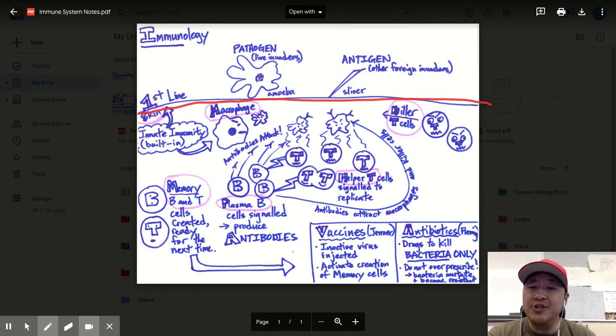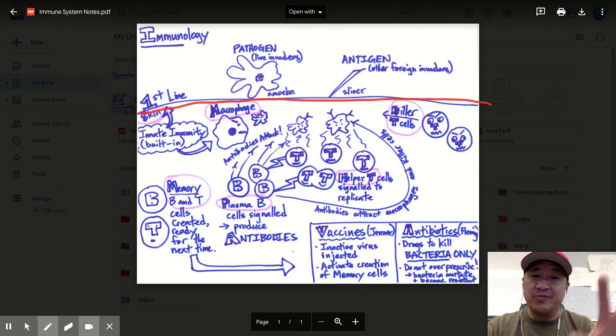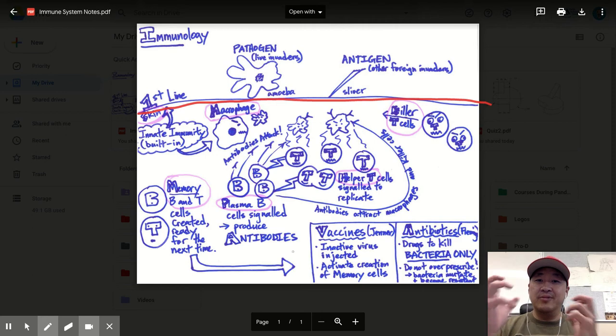So a vaccine is injecting you with part of the virus, or nowadays you can even inject something called RNA, which gets your body to make the proteins of the virus, basically to get this immune response without having a virus replicate through your body, which produces the memory B and T cells, which are then stored in your body and ready for the actual virus to come in.